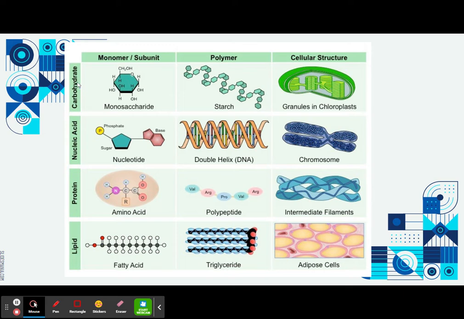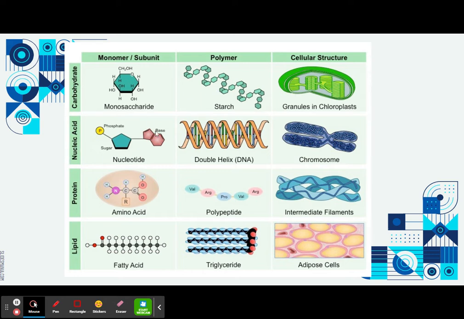So here is kind of what that infographic was looking at. There are carbohydrates, nucleic acids, proteins, and lipids that we're going to deal with. We're going to talk about a monomer and a polymer in just a minute, and then this is the structure of where they're at. Sugars are carbohydrates. Here's a monosaccharide. Starch is a polymer, the granules in the chloroplast, and we'll get there. We're going to talk about photosynthesis and carbohydrate digestion.